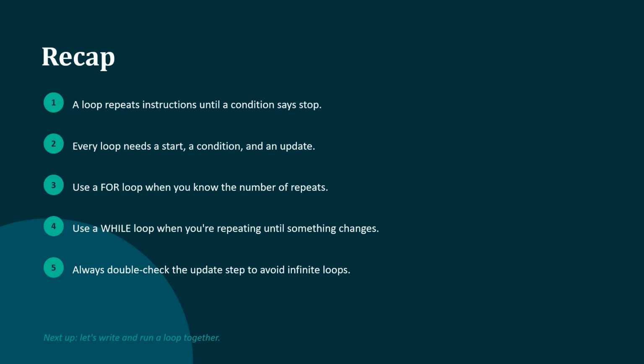We cannot go out of the loop if we haven't set a condition, or if we are not updating some actions which should be done in the different formats or syntaxes of the loop, like while. In for that's not the same, but in while it is. Every loop needs a start, a condition, and an update.